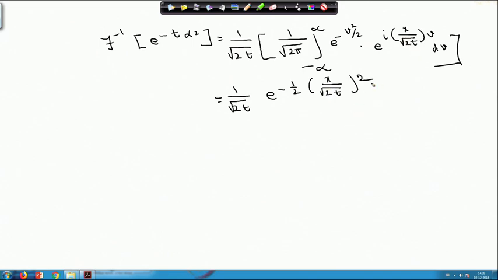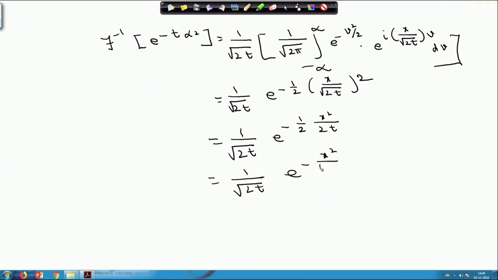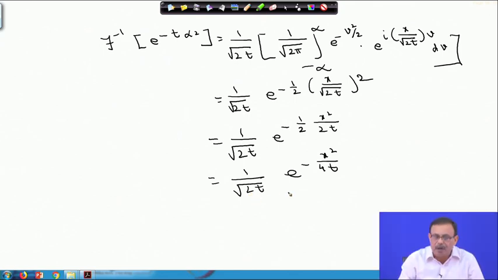If I simplify this again, I obtain 1 by root 2 t into e power minus half into x square by 2 t, that is, 1 by root 2 t e power minus x square by 4 t. Therefore, the Fourier inverse of e power minus t alpha square is nothing but 1 by root 2 t e power minus x square by 4 t.